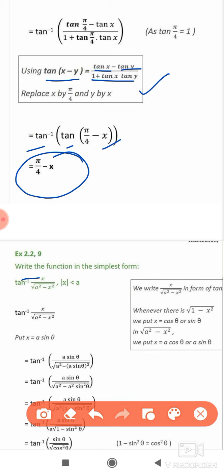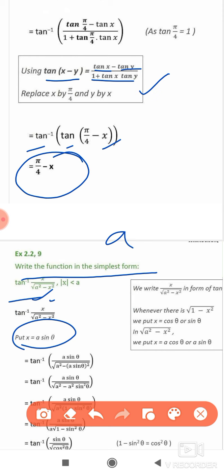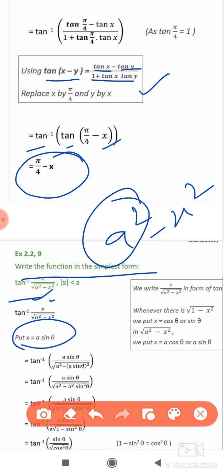Now write this function in the simplest form. Tan inverse x over under root a square minus x square. See student, if you let your x in the form of some trigonometric function, see here we are having a square minus x square. What it means, if a is equal to 1, then 1 minus x square we are having, so either we will put sin theta or we will put cos theta over here.